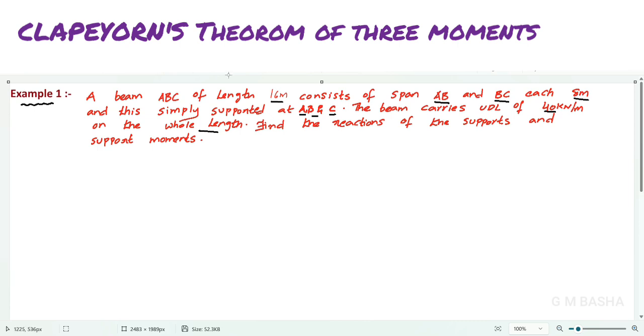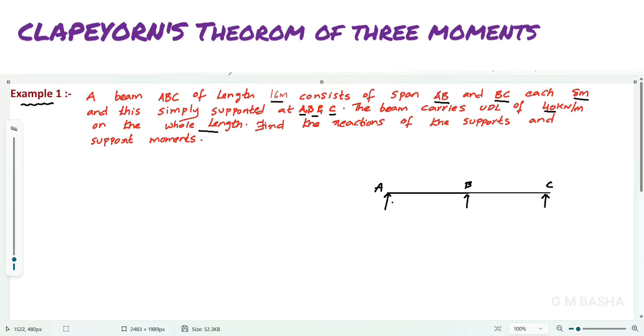See here, the question is given very simply. This is the continuous beam A, B, C. All of A, B, C are simply supported.